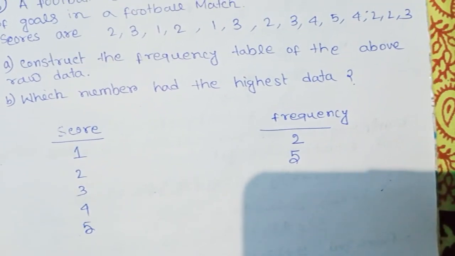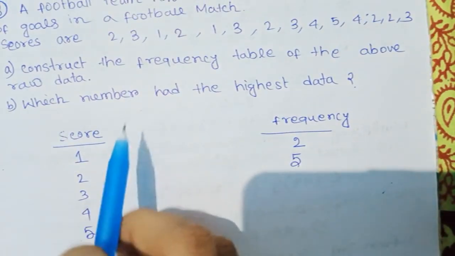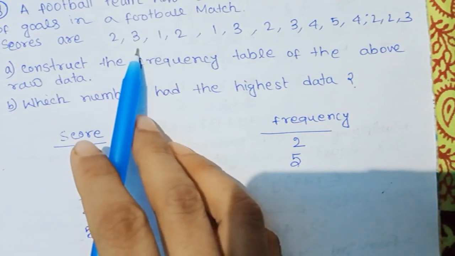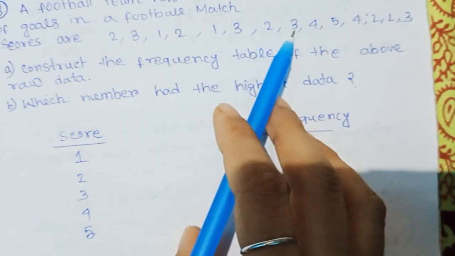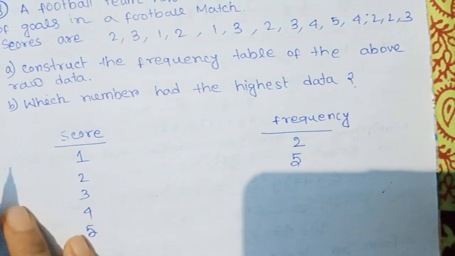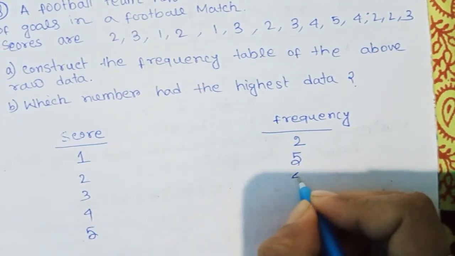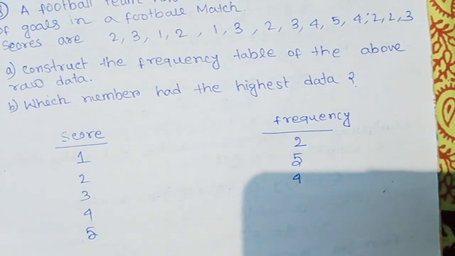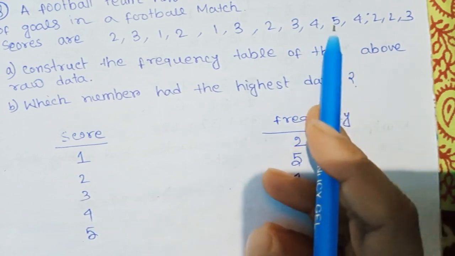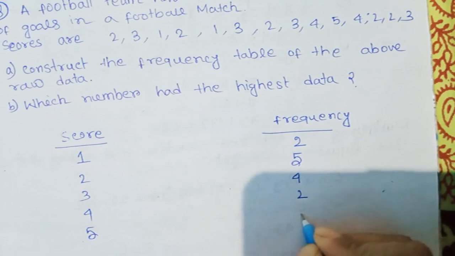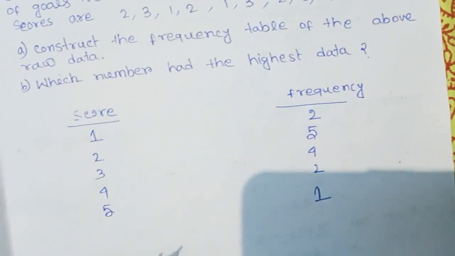Now what about 3? How many times are 3 there? 1 2 3 and this is 4. So the frequency of this score is 4. Similarly, in case of 4 we get 2, and 5, only one time 5 is there, so the frequency is 1. So this is the table.